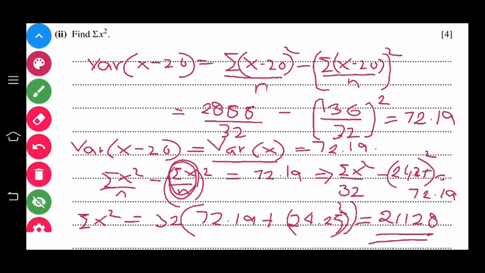So remember, when you do this question, if you want to find sigma x, you have to use mean, and when we want to find sigma x squared, you must use variance.